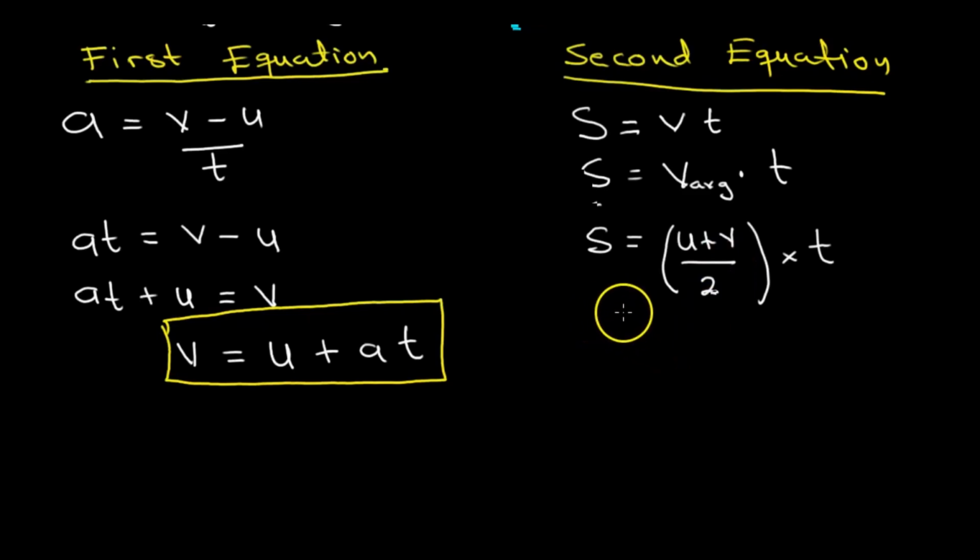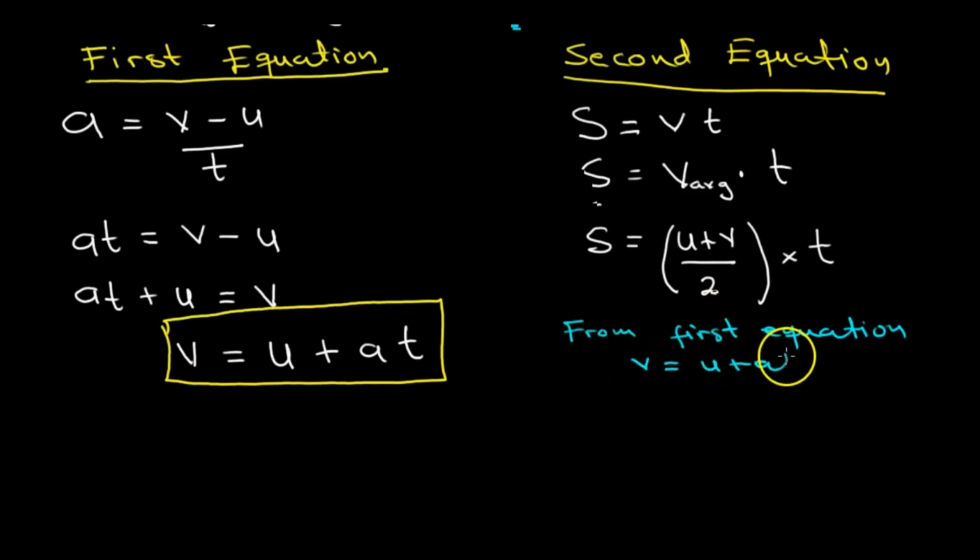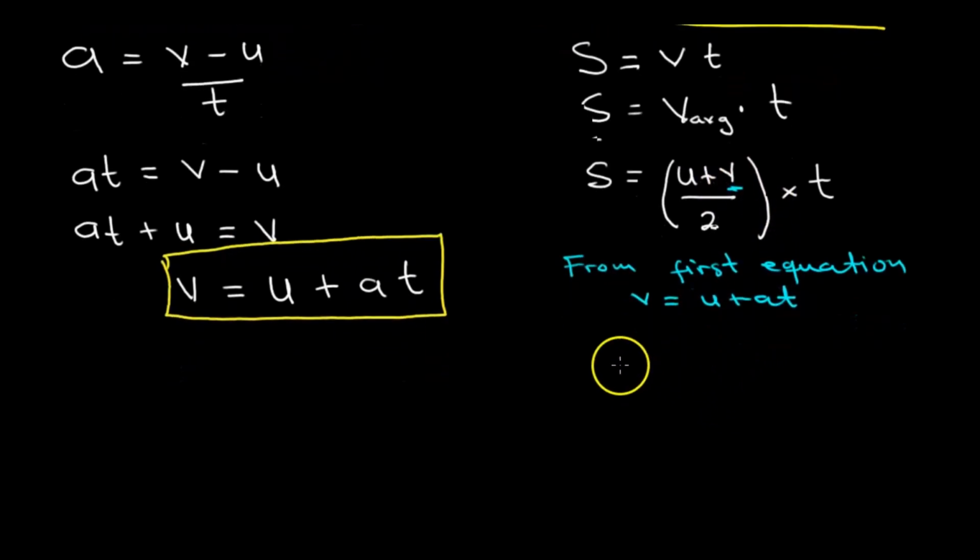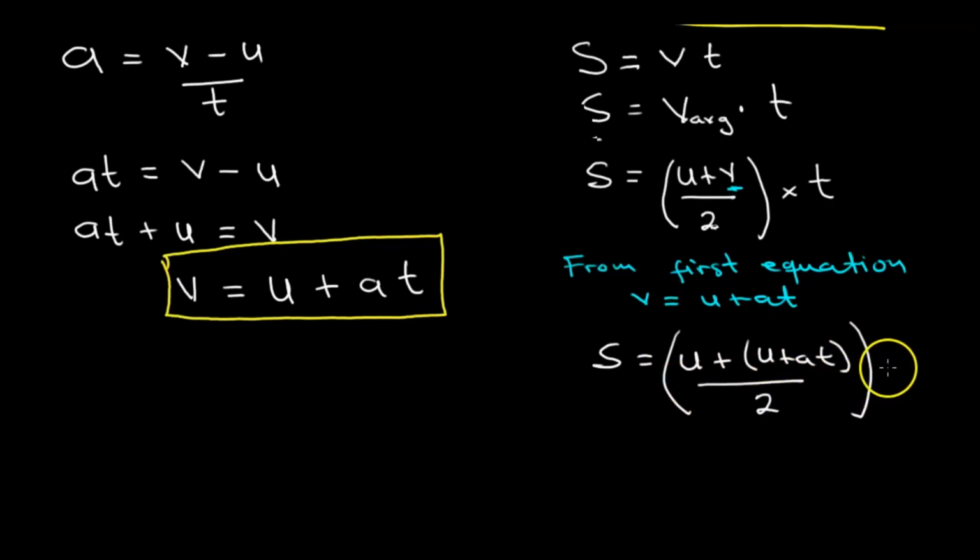So what we do is go back to the first equation. From the first equation, v equals u plus at. So in place of v here, we are going to substitute u plus at. That gives me s equals (u plus at), in brackets, all divided by 2, multiplying t.